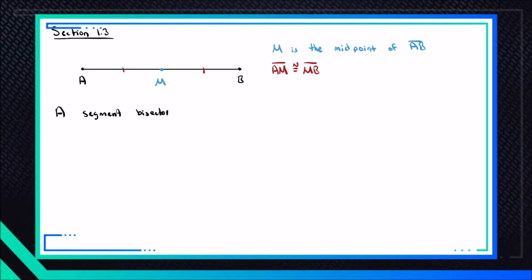So a segment bisector is simply something that intersects a segment at the midpoint. And just to give an example of that, we can have a line segment right here.